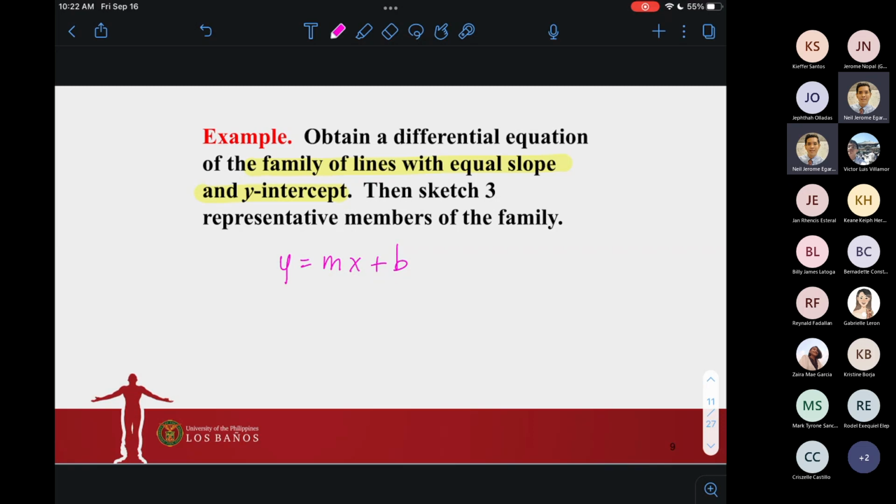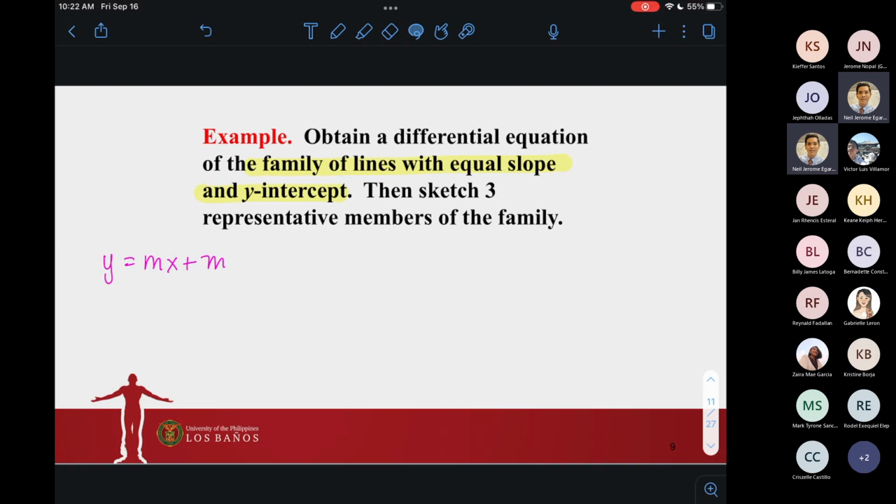So we can reduce this into a one-parameter family. So we'll just be interested in lines of the form y equals mx plus m. So this is the family of lines na hahanapan natin ng ODE na magre-represent sa lahat ng miyembro ng one-parameter family na to.